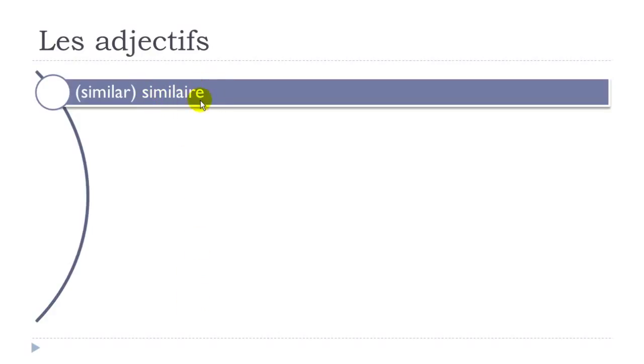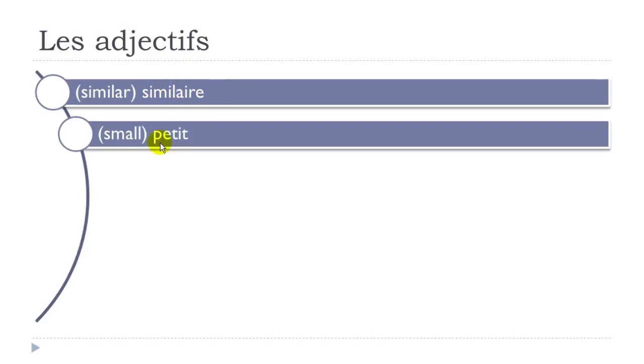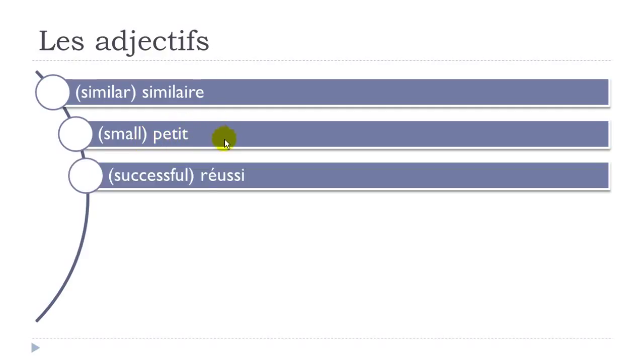Similaire. Final E not pronounced. Similaire. Petit. Okay, remember to pronounce this like a petit. Final T not pronounced. Petit. Réussi. Okay, first you get this E, then U and double S, so really strong S and E. Réussi.